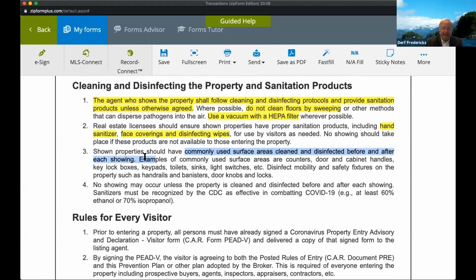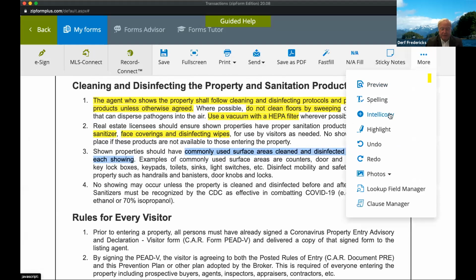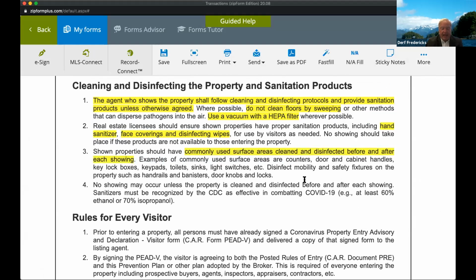And they define these commonly used surfaces as counters, door and cabinet knobs, lock boxes, keypads, toilets, sinks, light switches, handrails, etc. It goes on here.